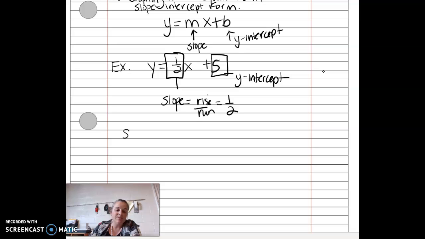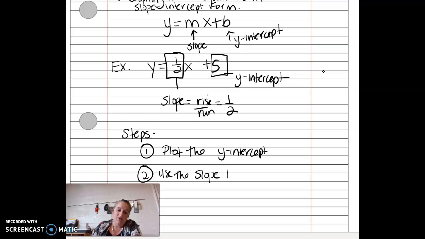You have 2 steps. Step number 1, plot the y-intercept. Step number 2, you're going to use the slope to find another point on the line.